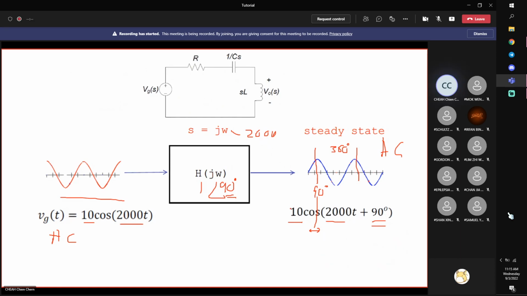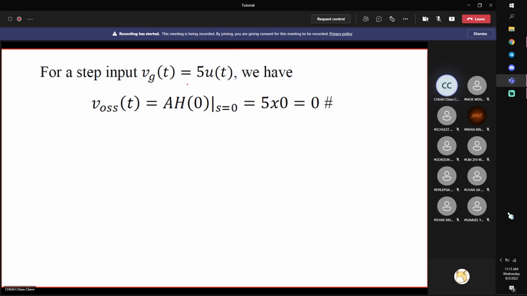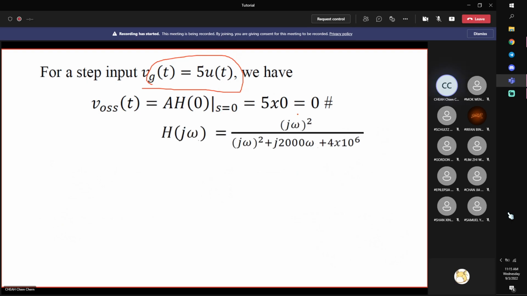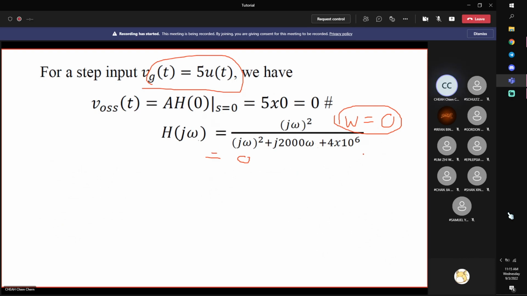Okay, the other input is DC. Remember, there's one more input, 5 volts. Now, actually, DC is a special case for frequency domain analysis where omega is equal to 0, no frequency, constant. So you put frequency equal to 0, then your transfer function becomes 0. 0 divided by this is 0, which means that your output will be 0 because your gain is 0.